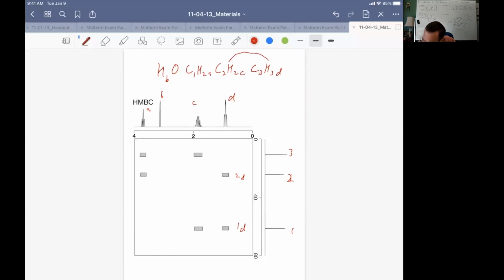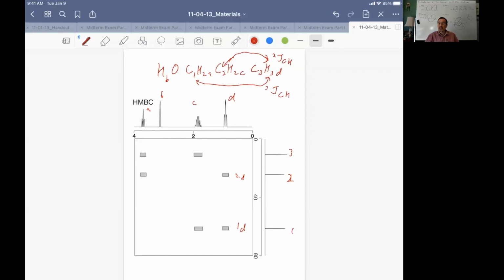And so you're saying, okay, here we're picking up our J2CH. And here for our 1 with D, we're picking up our J3CH coupling.